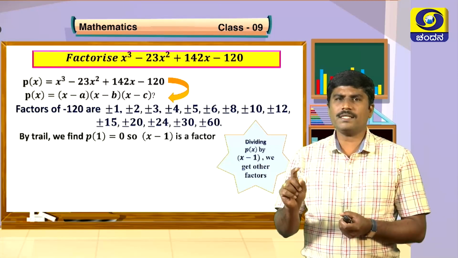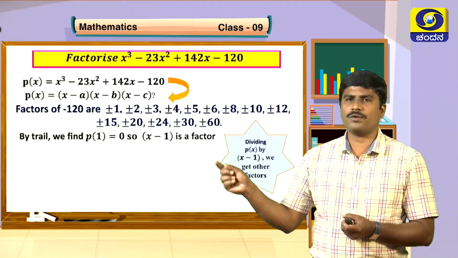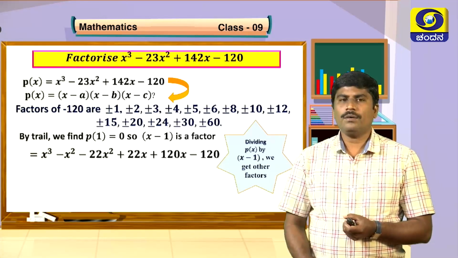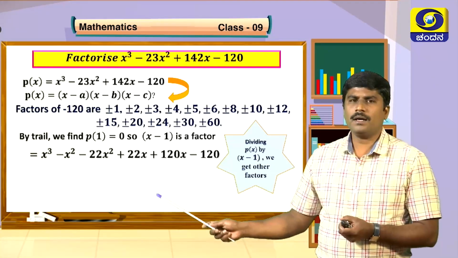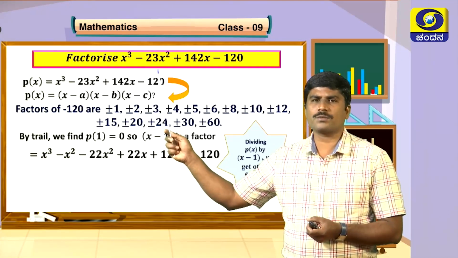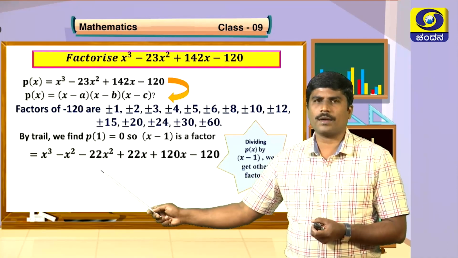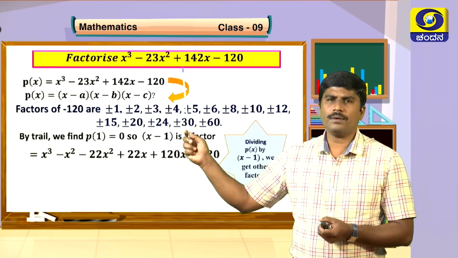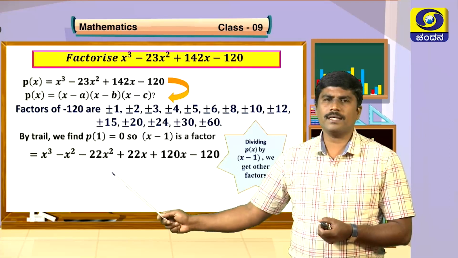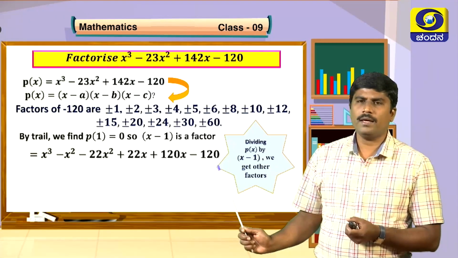The dividend is x cube minus 23x square plus 142x minus 120, right? Now what we have done here is split the middle term minus 23x square like this: minus x square minus 22x square, and 142x can be written as 22x plus 120x, then minus 120 as it is.